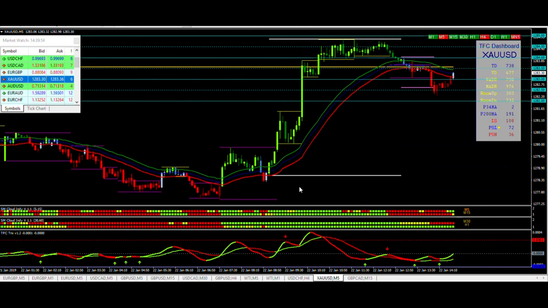Okay, final one. This is gold at the London Open today, 5 minute. Now 1, 2, 3 up. I love this for a change of trend. 1, 2, 3 up, and as the candles go light green, London Open or Frankfurt Open, somewhere in between, we've got a long, because the wave starts to move up, light green candles, all 4 TFC clouds are green.